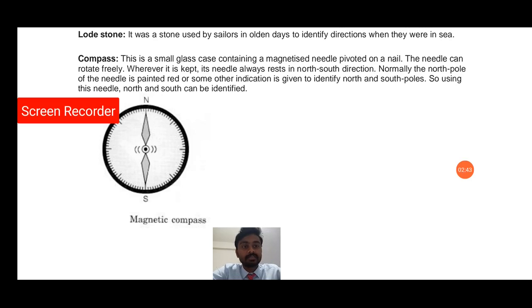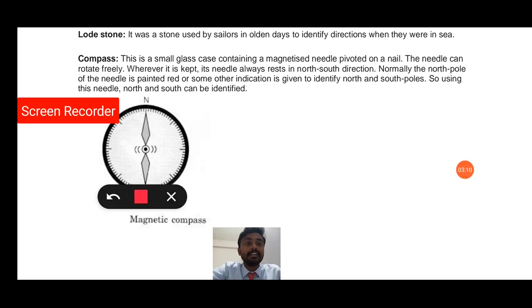So see students, this is a small glass case containing a magnetized needle pivoted on a nail. The needle can rotate freely wherever it is kept, but the needle always rests in the north and south directions.